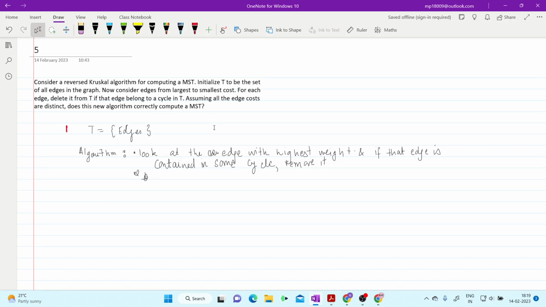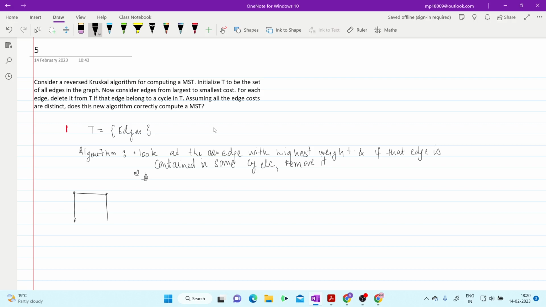So what do you think? If we keep on doing this, will we end up with a minimal spanning tree or not? Let's look at an example.